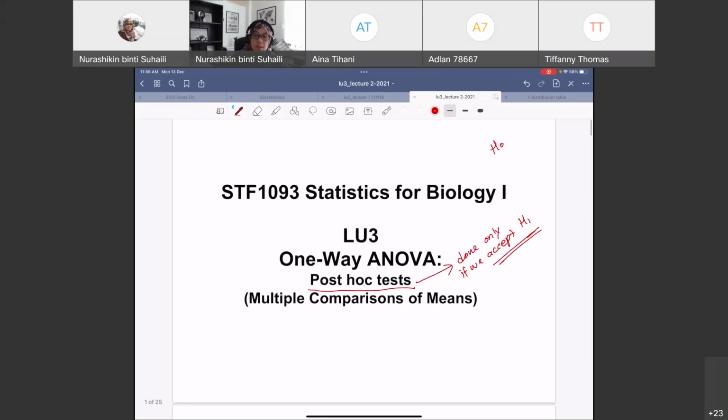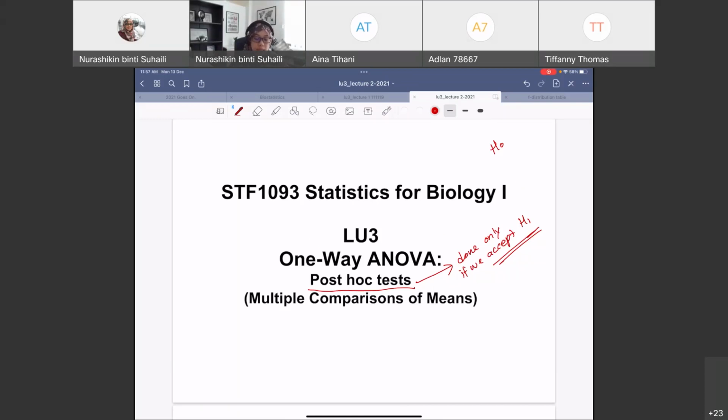So here we are going to proceed after the ANOVA with a subsequent investigation in order to find which pair is different. Like just now, if we have 6 treatments, we would like to know in detail, by doing some extra analysis, where the difference is.